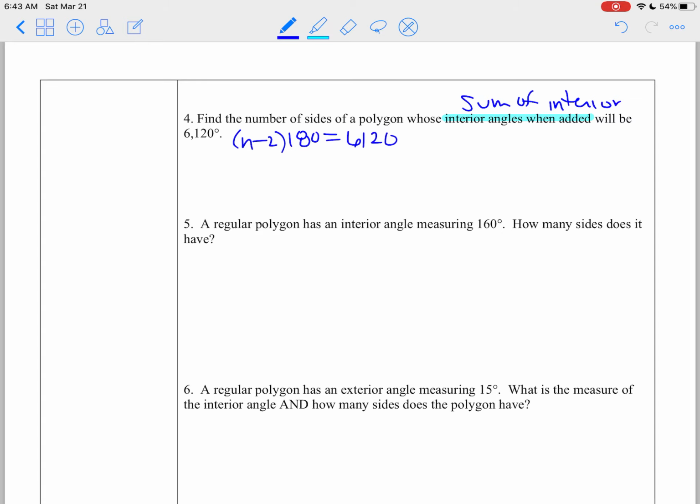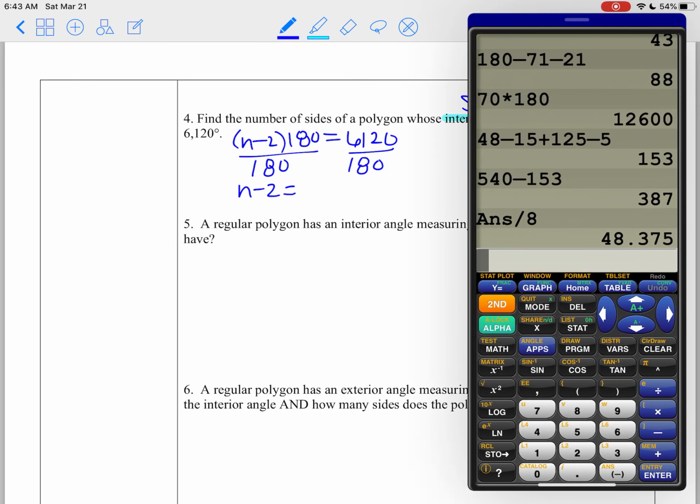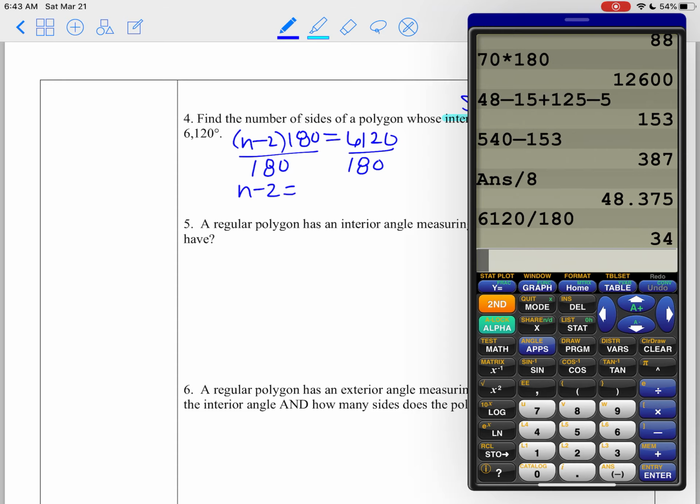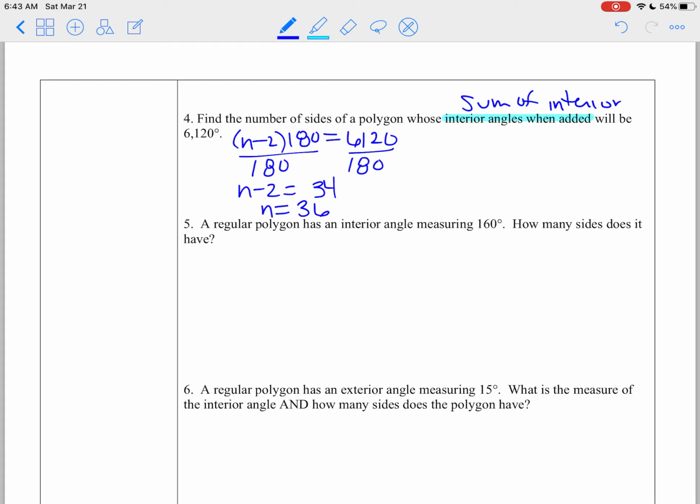Because we know it equals 6,120, we want to find the number of sides. The easiest way to do this is divide by 180. And I get n minus 2 equals 6120 divided by 180, and that's 34. Add 2 to both sides, and n equals 36.